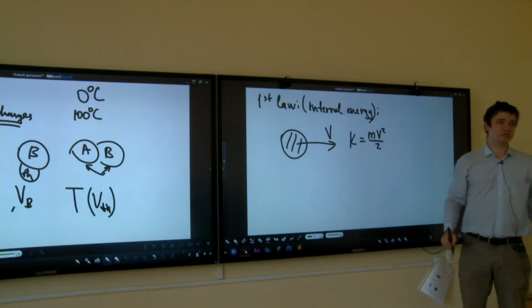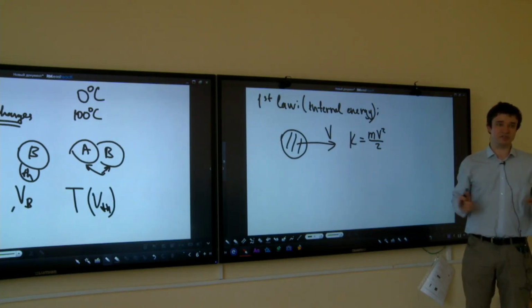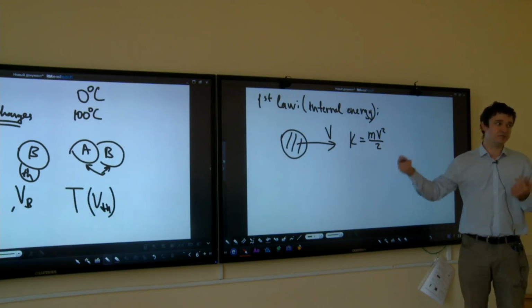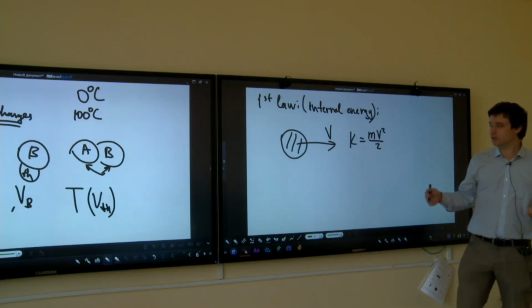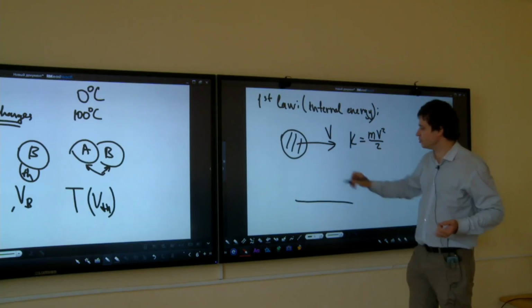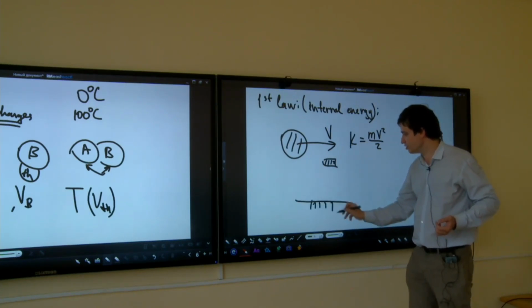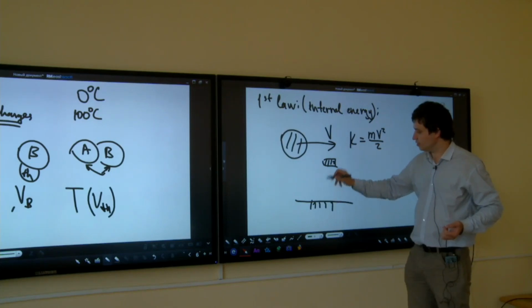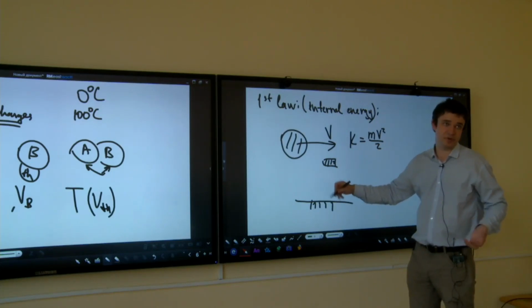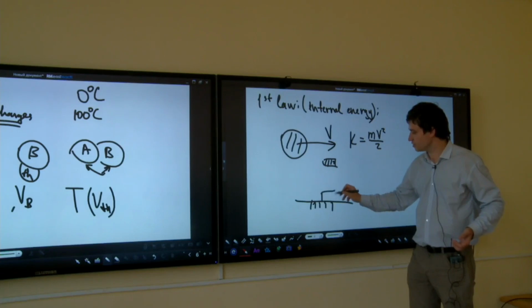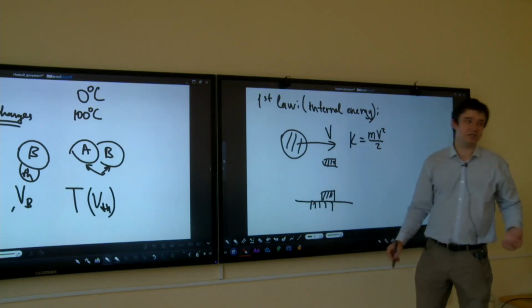But it was discovered that some processes in nature do not conserve this observable mechanical energy. So let's say, for example, you drop some brick onto the ground, there are a number of collisions, but after some time, the brick remains on the ground.